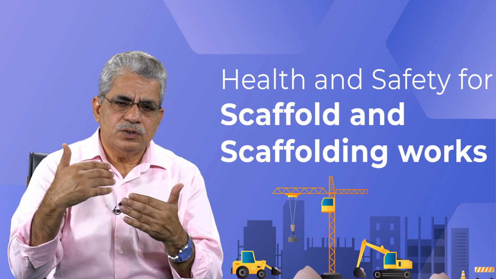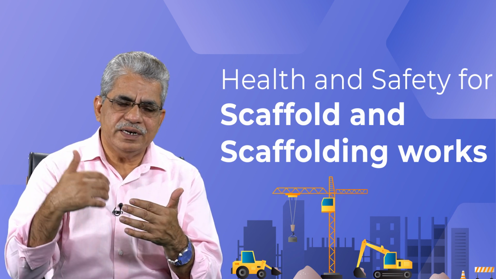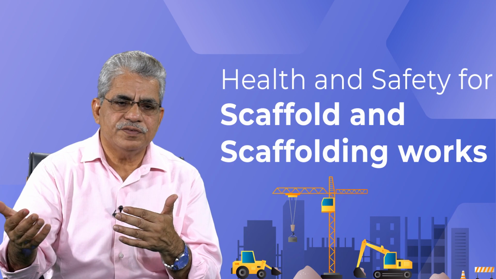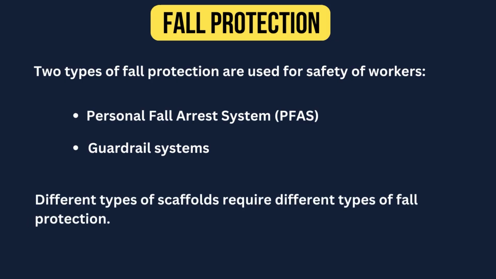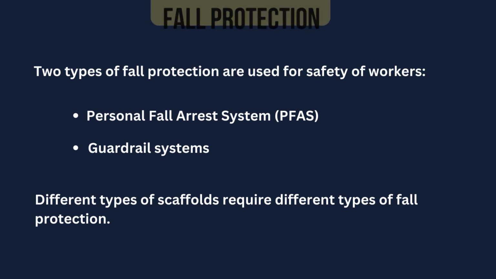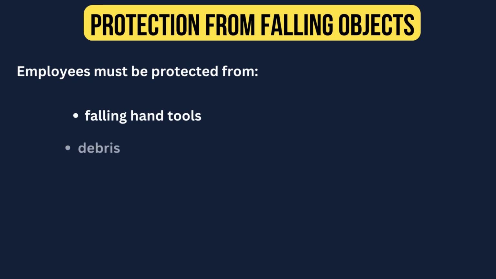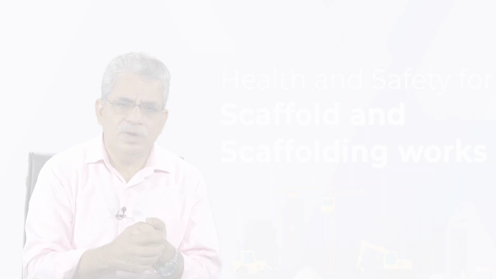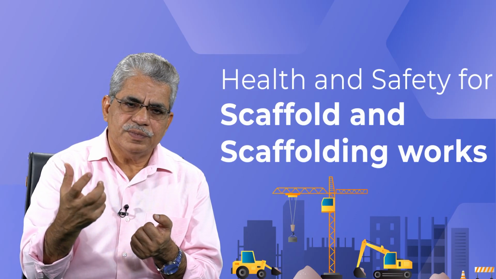These two systems we will explain in detail in another video. Different types of scaffolds require different types of fall protection. Protection from falling objects, the third category. Employees must be protected from falling hand tools, debris and other small objects. These are the three cases of hazards from the height.